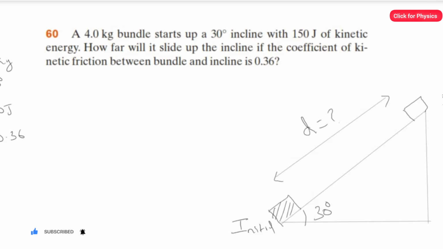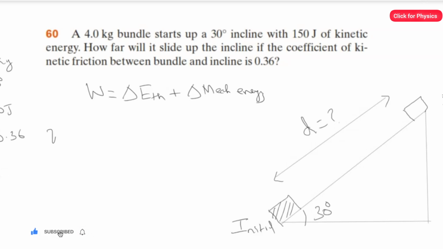Now the most important thing here, we have to use the rule: work done is equal to change in thermal energy plus change in mechanical energy. Mechanical energy is the combination of potential energy plus kinetic energy.